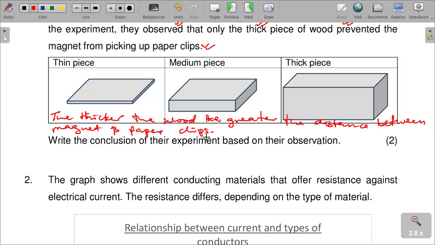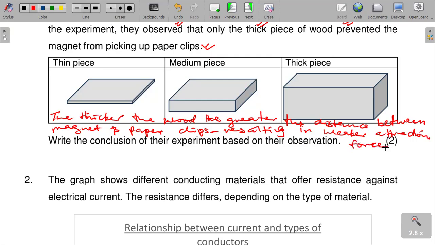As well, that would cause resulting in weaker attraction force.